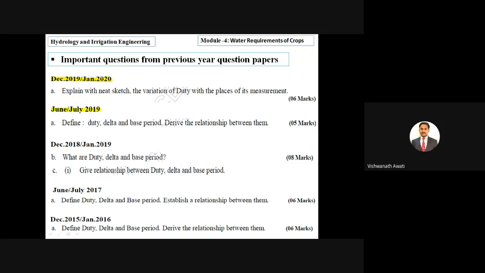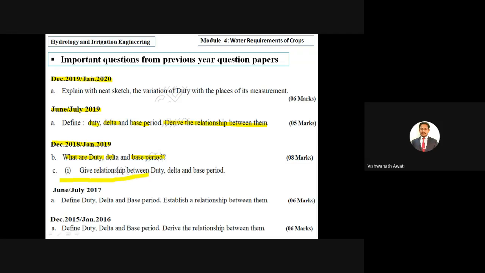Next, June July 2019: define duty. What do you mean by duty, delta, base period? Derive the relation between them. That equation we have to derive: delta equals 8.64 times base period divided by duty. Then December 2018 and January 2019: what are duty, delta, base period?